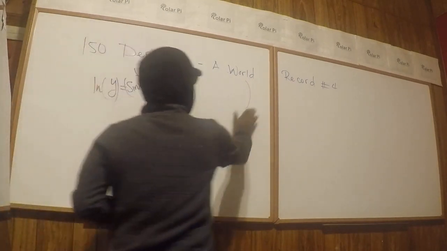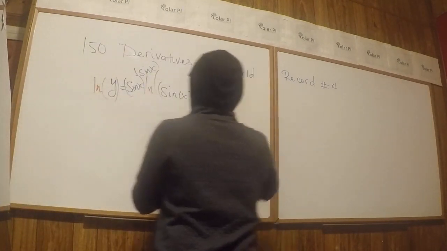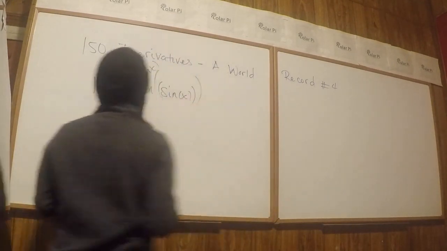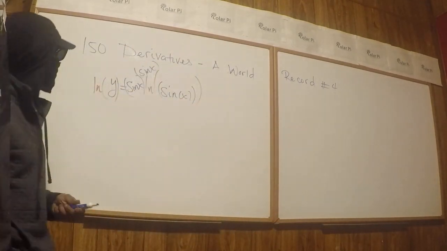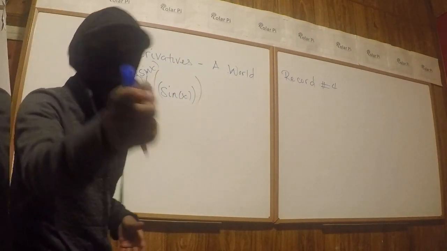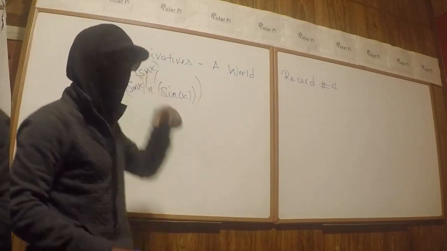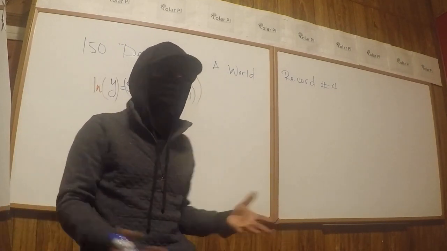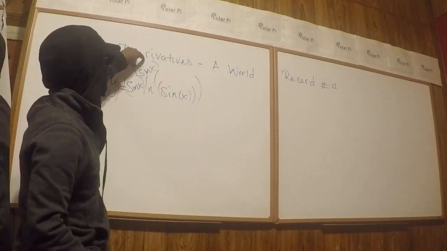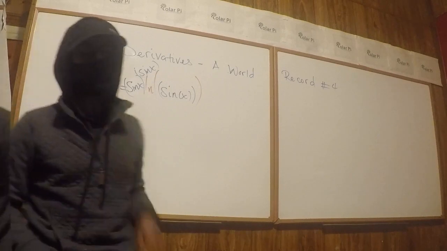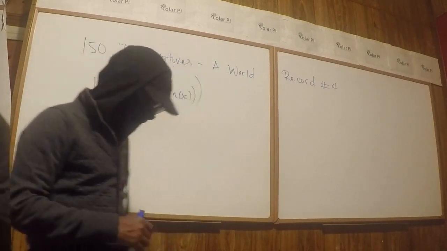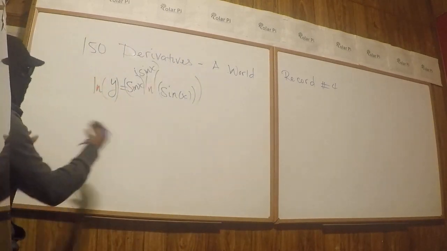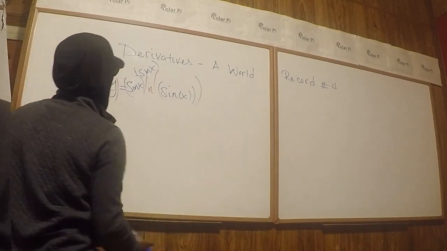Once again we have sine, a fancy function compared to polynomials, an exotic function stuck in the exponent. We don't like that, so we want it to be in a product.